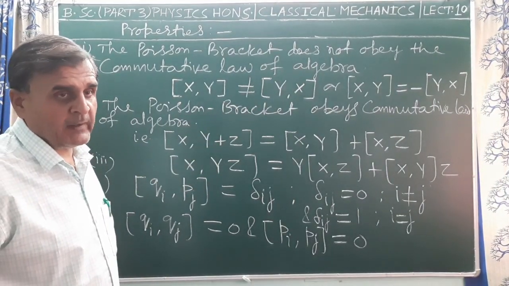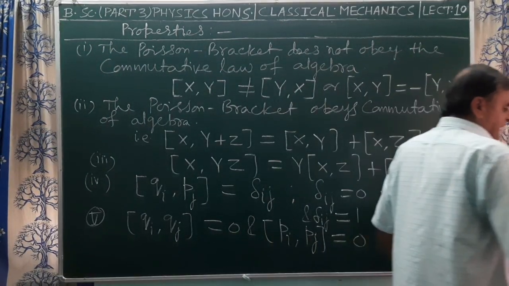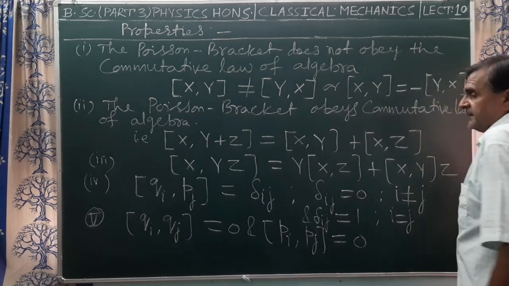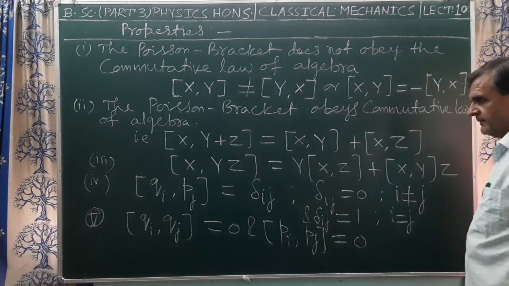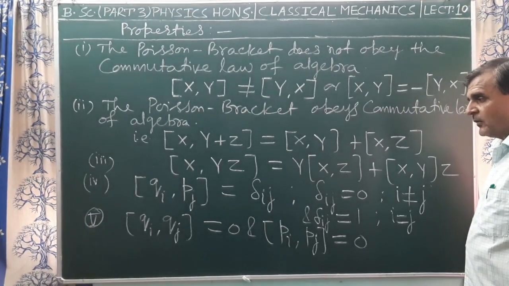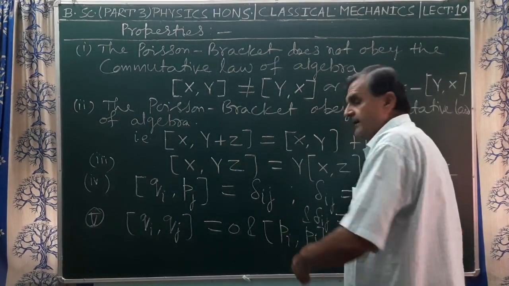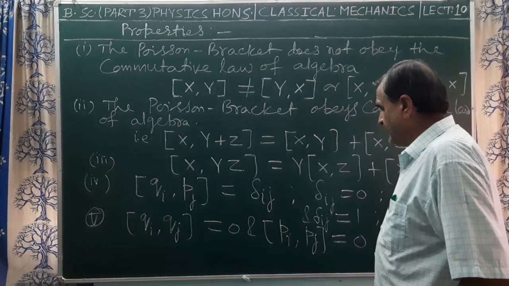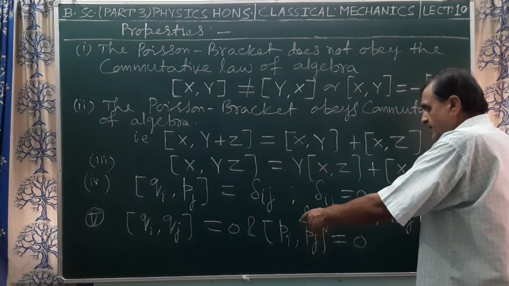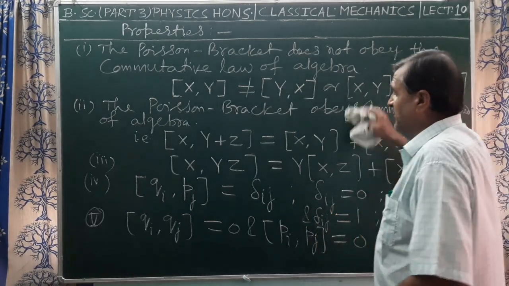So with the help of equation 1, the mathematical representation of the Poisson bracket of two dynamical variables, say x and y, we can prove this relation: the Poisson bracket of qi and qj equals 0, and the Poisson bracket of two momentum coordinates pi and pj is also equal to 0.